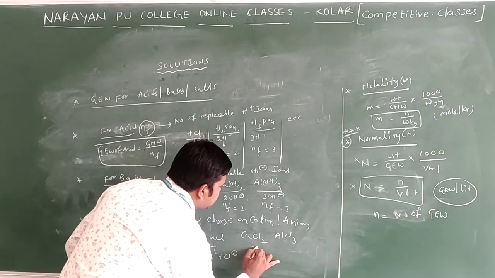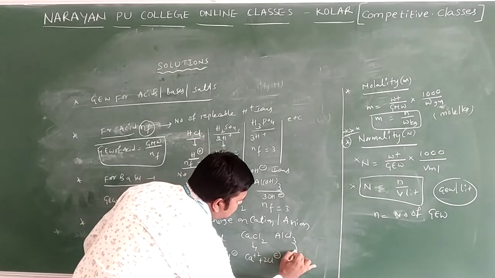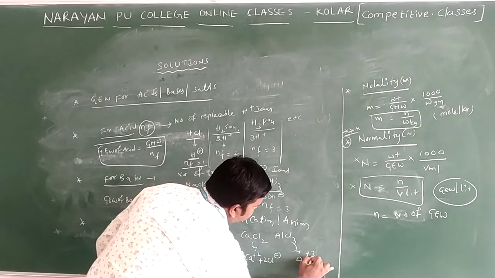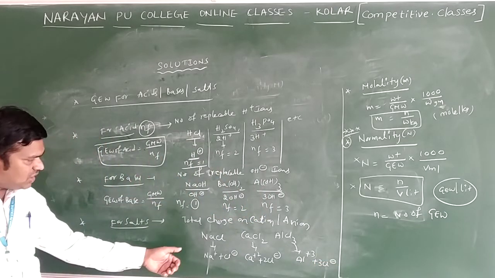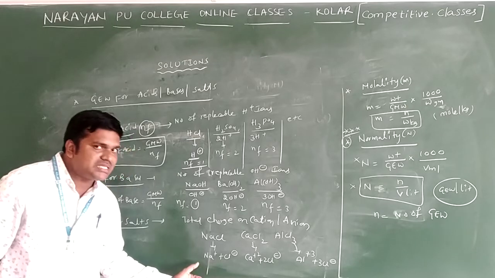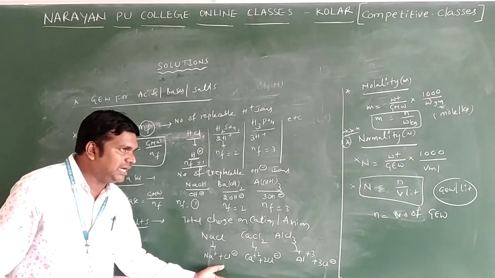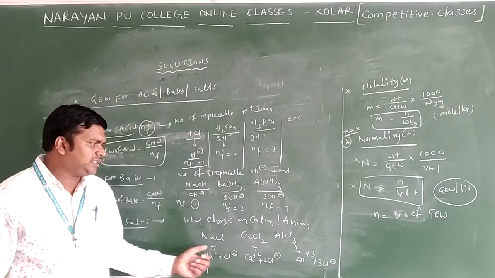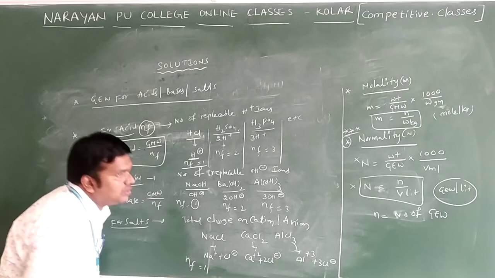CaCl2 dissociates into Ca2 plus and 2 Cl minus. AlCl3 dissociates into Al3 plus and 3 Cl minus. What is the charge of the cation here? Here the cation is Na plus. The charge of the cation is 1 only. Here Cl minus you can take 1. Anyone you can take, that may be cation or anion. I am writing N factor is equal to 1.